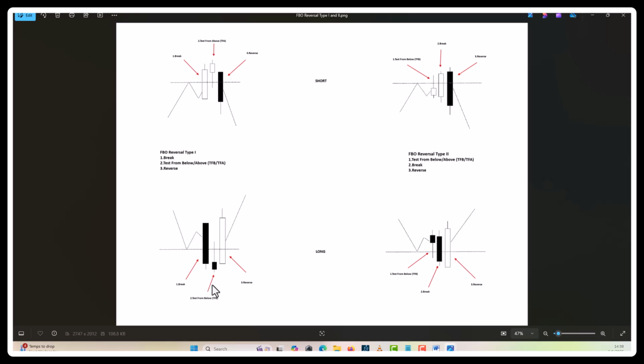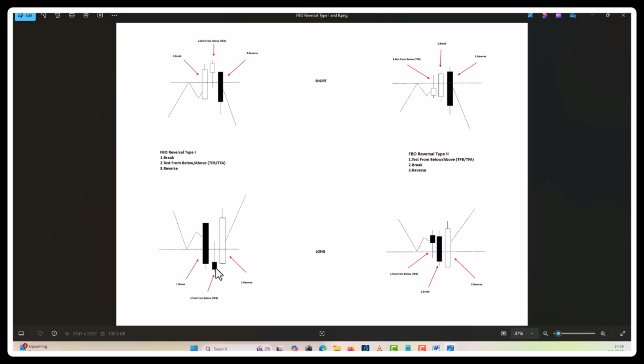The long setup is similar, just in the opposite direction. It breaks to the downside and then tests from below. The best is when it takes out the low of this one, which is the sell side. And then it reverses. Beautiful.